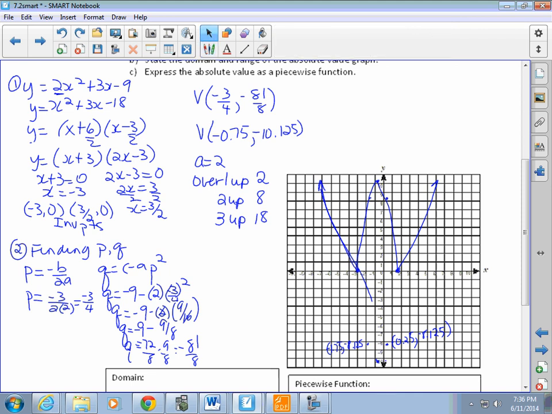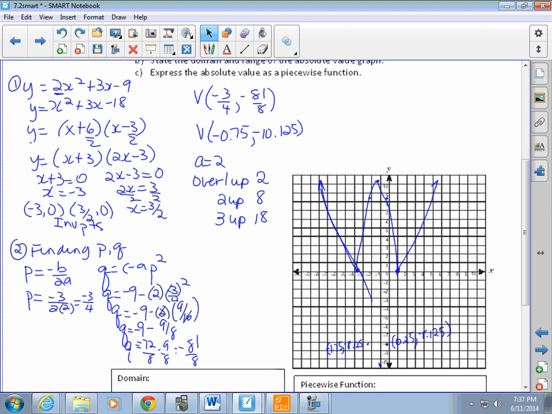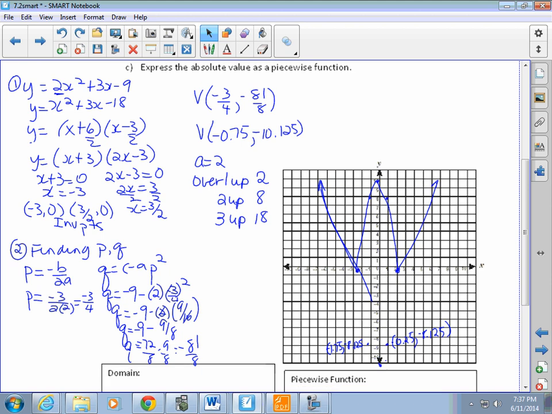I seem to have a frozen screen. So, anyway, now I'm moving my points around. I don't know why everything's frozen right now. That's kind of a pain.